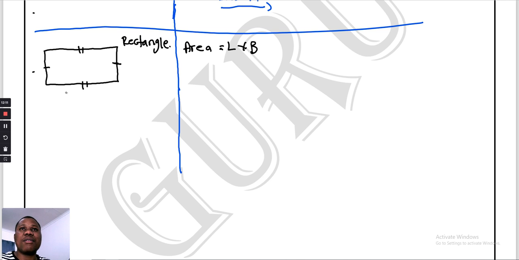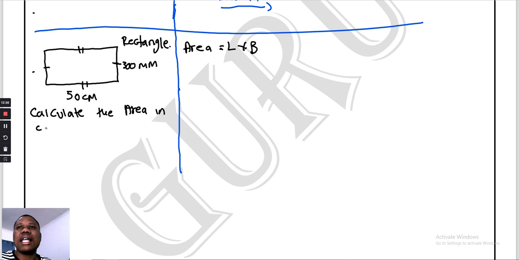Let's say for instance here you are given 50 centimeters, and here you are given 300 millimeters. Then the question says calculate the area in centimeters squared.